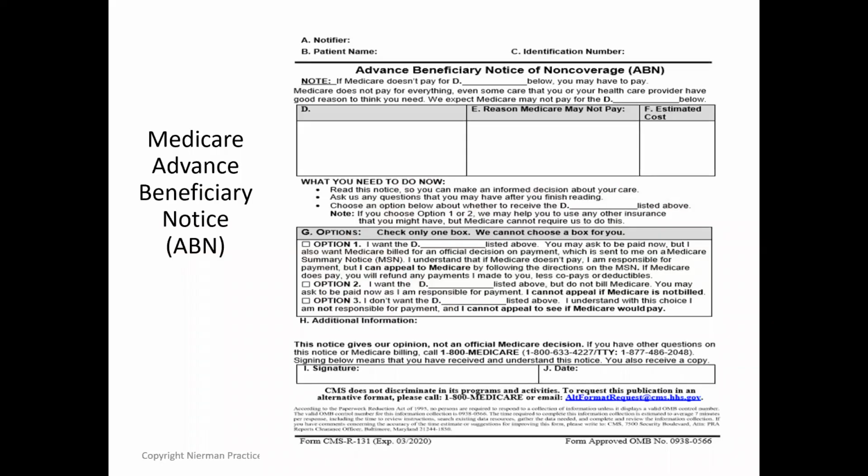Now, I'm sure many of you have heard of it, ABN, Advance Beneficiary Notice. This is where you tell the patient in writing that Medicare is probably not going to pay. And you only need to use it when it's something that would normally be covered, but in this case, it's not going to be. Let me give you an example.